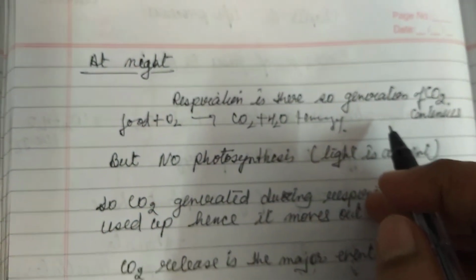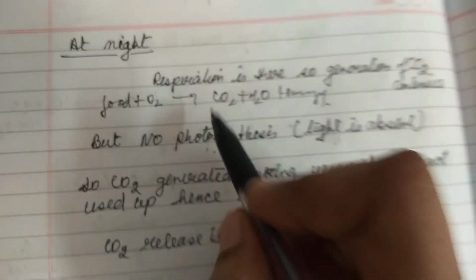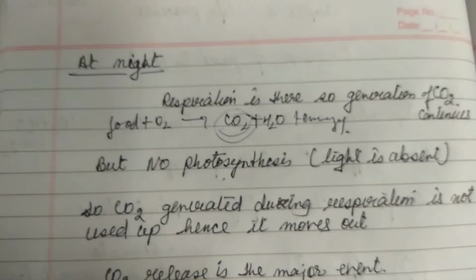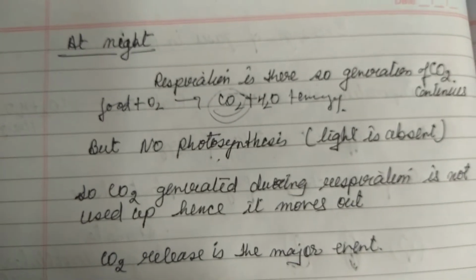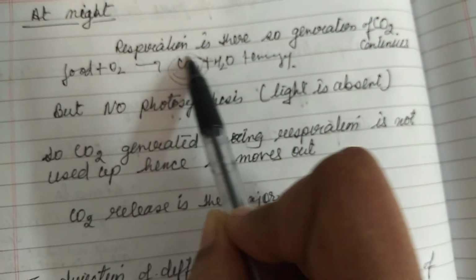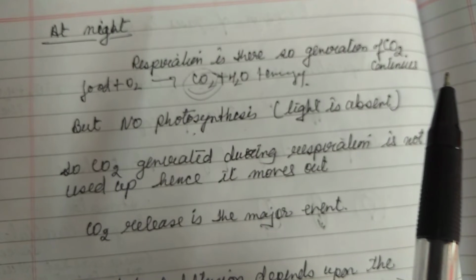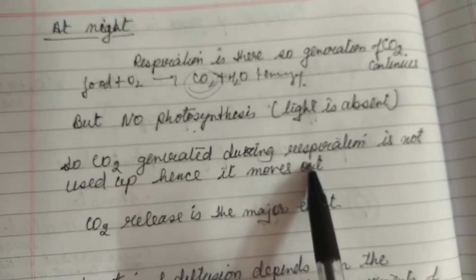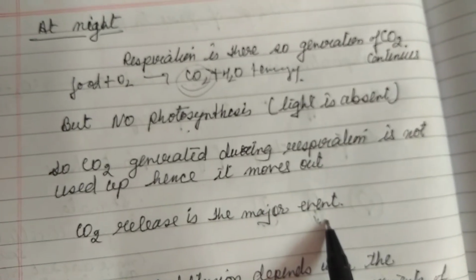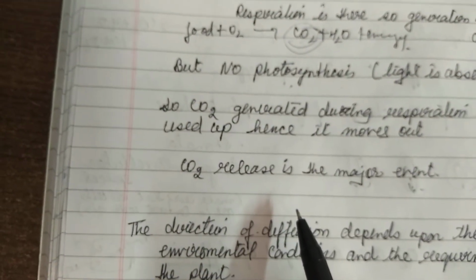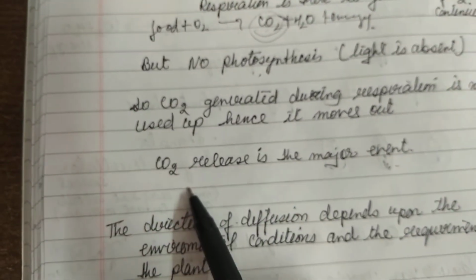This process continues, but there is no photosynthesis, so nobody is there to take this carbon dioxide. The carbon dioxide generated during respiration is released outside. It is not used up and hence moves out. So CO2 release is the major event. So in plants during daytime, oxygen release is the major event, and at night carbon dioxide release is the major event.